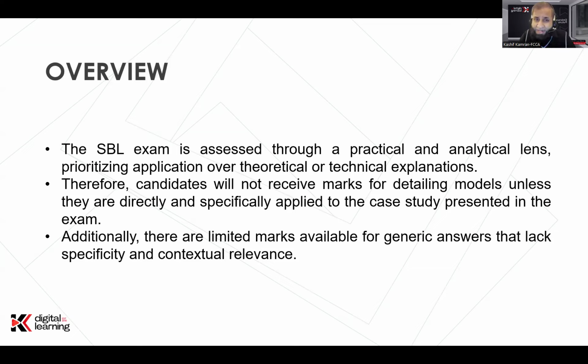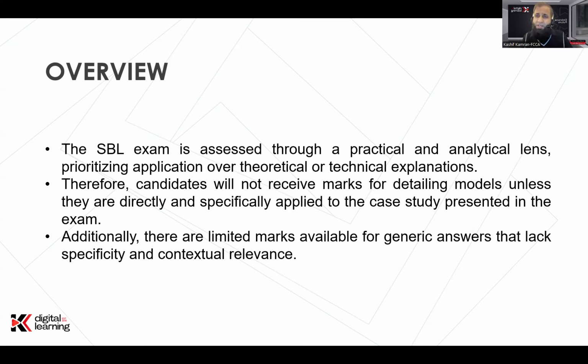Therefore, the candidates will not receive marks for detailing models unless they are directly and specifically applied to the case study presented in the exam. Look at bullet number 2.